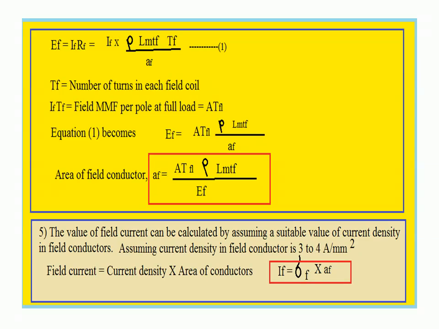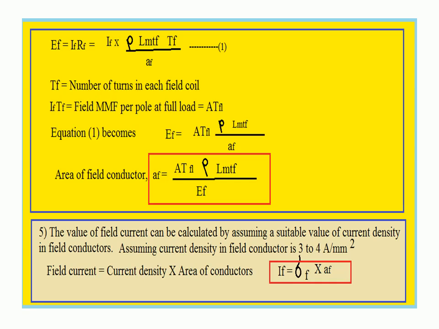Then, from the earlier expression, EF equals IF into RF. You substitute the RF value, resistivity into LMT into TF divided by the area of the field conductor. We already know TF is the number of turns in each field coil, and IF into TF is the field MMF per pole at full load, which we can take as ATFL.